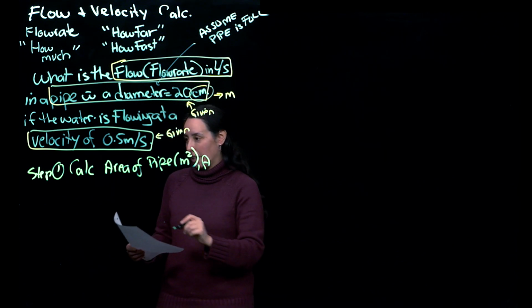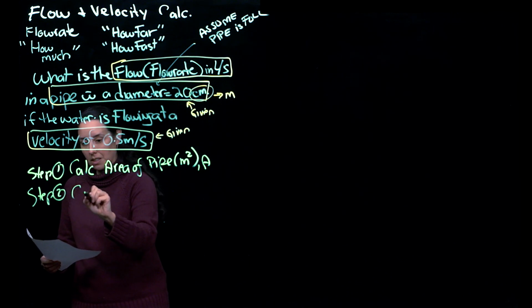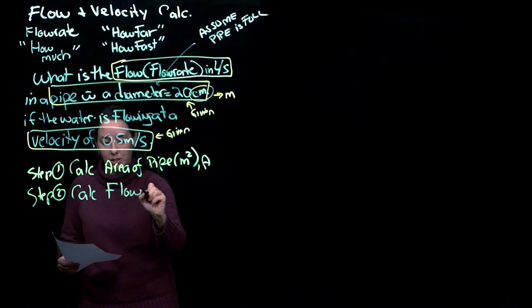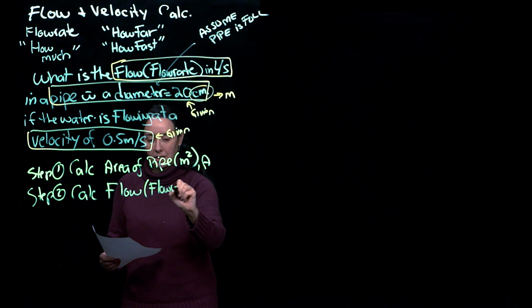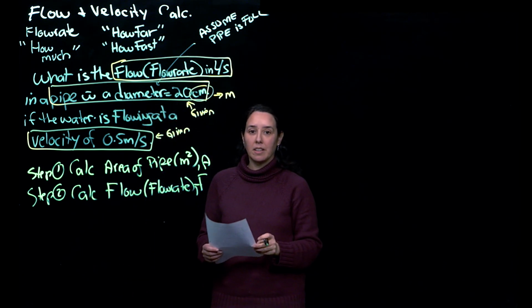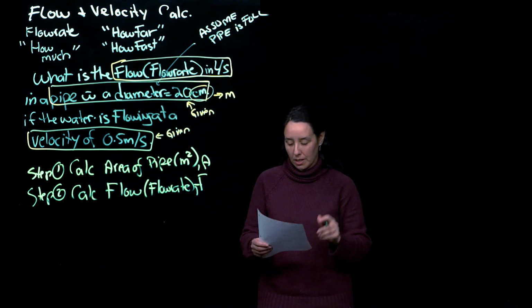That's A. And then step 2: calculate flow, or flow rate in brackets again, for F.